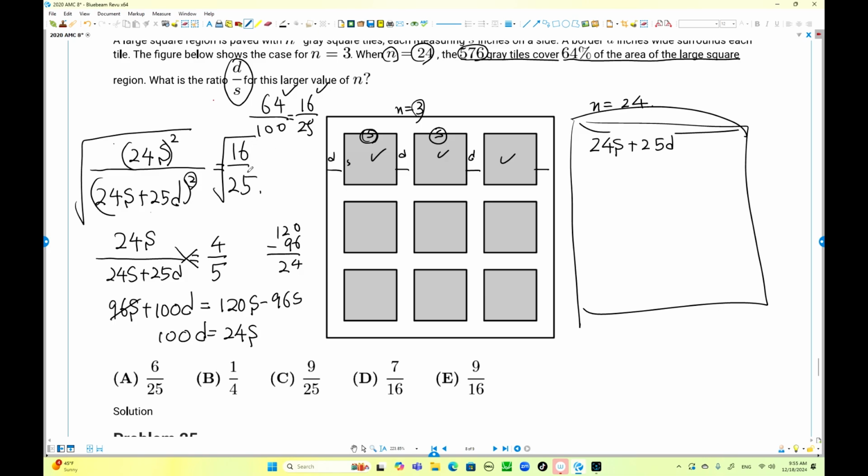How can you find d over s? Move s down and 100 down over here, right? So d over s is 24 over 100. You can divide by 4 here, so 6 over 25. So option A is the answer.